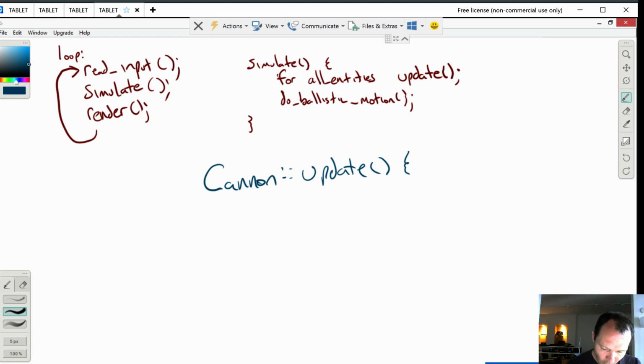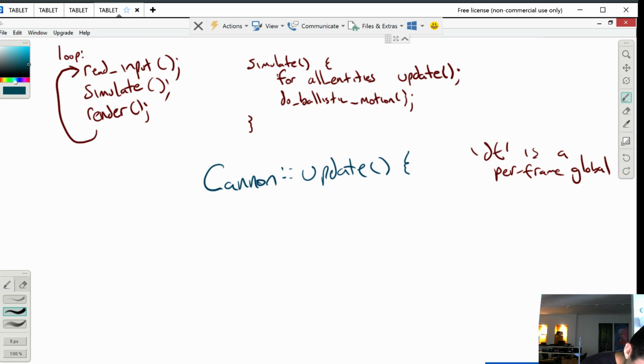And let's say dt, so dt is a per frame global determining how much time has gone by in the last frame, right? So cannon update says countdown minus equals dt.